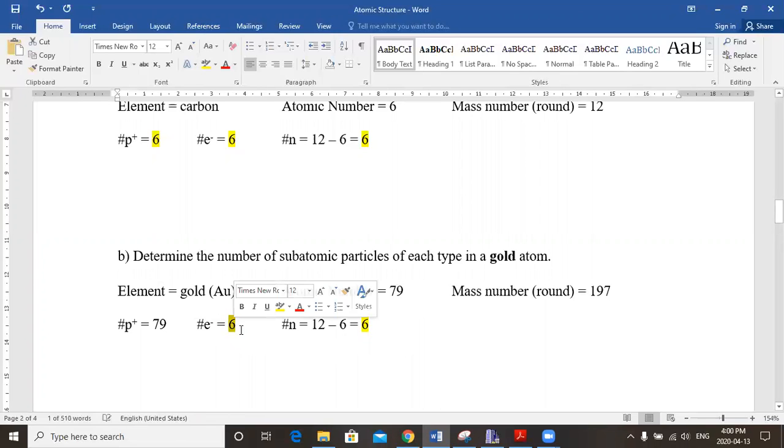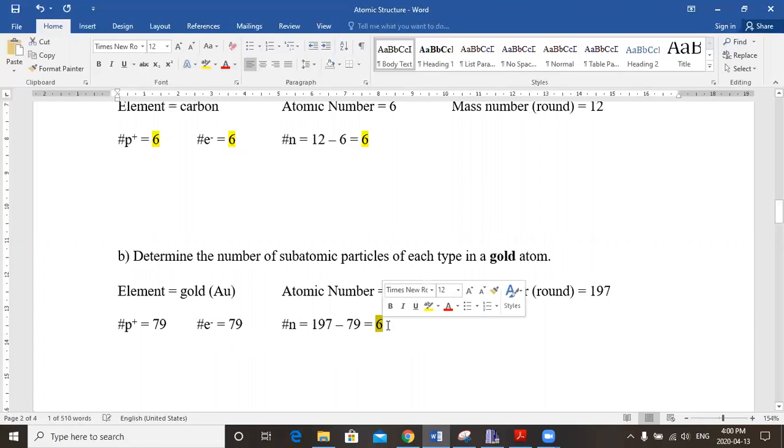The number of electrons as well equal to 79. And the number of neutrons in this case would equal the mass number, 197, subtract the atomic number, 79. And that would give us the difference of 118. 197 minus 79 is 118. So gold has 79 protons, 79 electrons, and 118 neutrons.